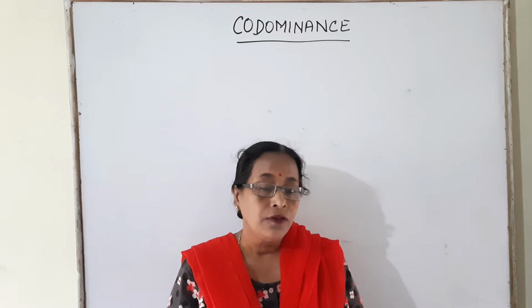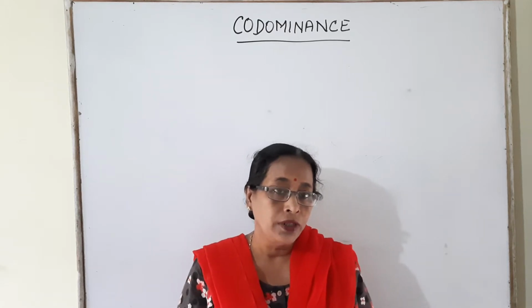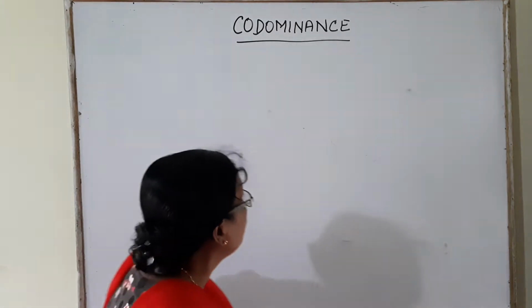The well-known example of codominance is the ABO blood group of human beings.